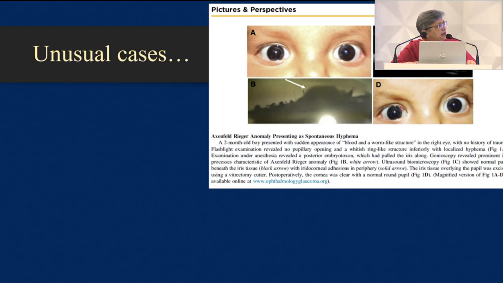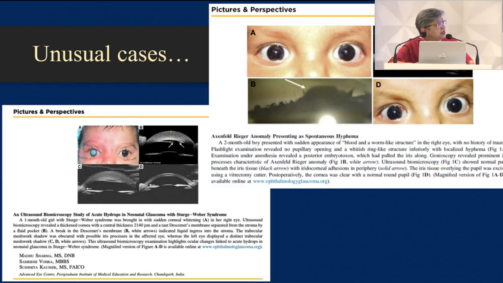There are unusual cases. This baby again came with trauma and actually a little bit of hyphema, and the parents noticed something that looked like a worm-like thing in the eye. When we did the UBM, it showed us that the pupil was all right, and the iris was actually pulled right over the pupil. The gonioscopy on table showed these characteristic Axenfeld-Rieger processes, and all we did was, with a vitrector, chip this little bit of iris there, and this baby next morning was fine and didn't have glaucoma at all.